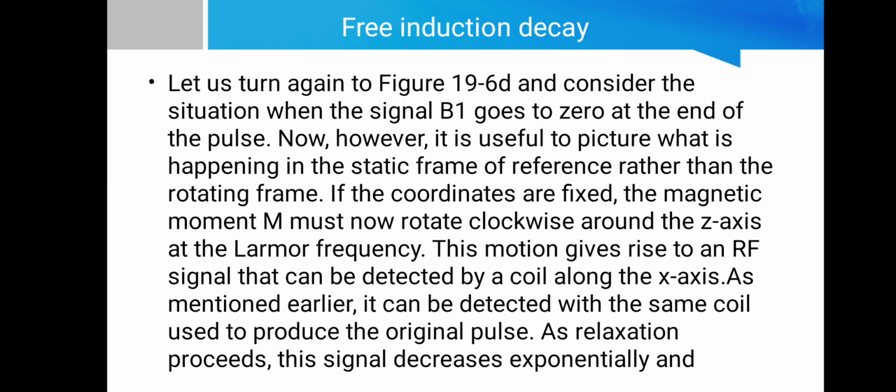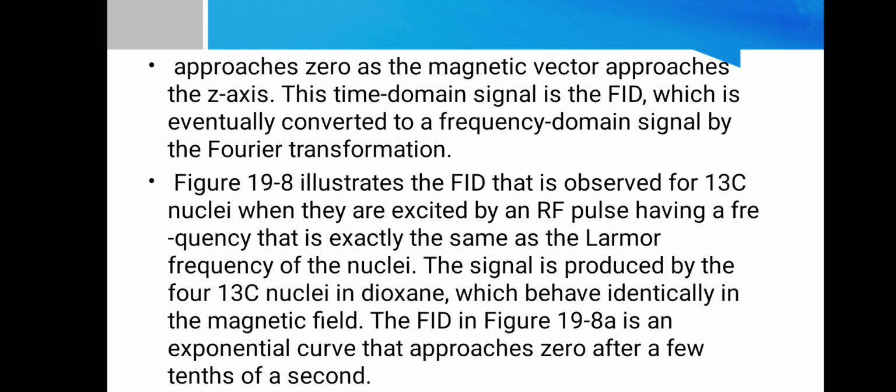This motion gives rise to an RF signal that can be detected by a coil along the x-axis. As mentioned earlier, it can be detected with the same coil used to produce the original pulse. As relaxation proceeds, this signal decreases exponentially and approaches zero as the magnetic vector approaches the z-axis.